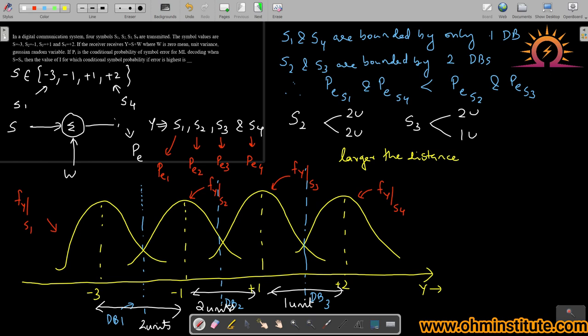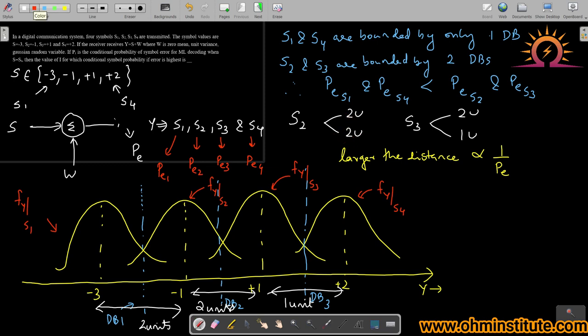That means I can say the distance is inversely proportional to probability of error. Larger the distance, lower is the probability of error. Now, if you observe, which combination has the largest distance? Among S2 and S3, the largest distance between adjacent signaling points happens for S2. S2 has the largest distance between adjacent signaling points.